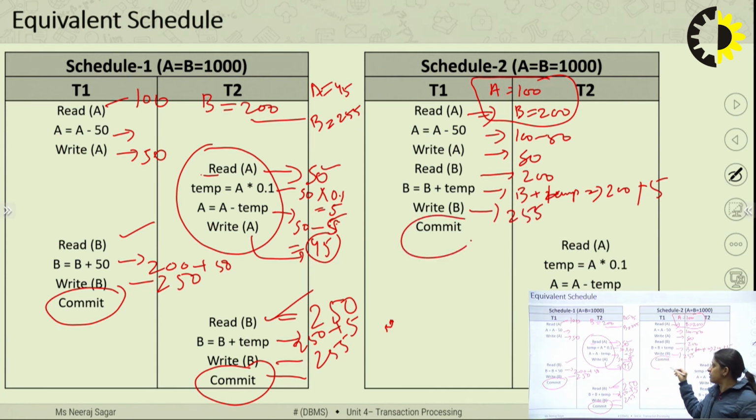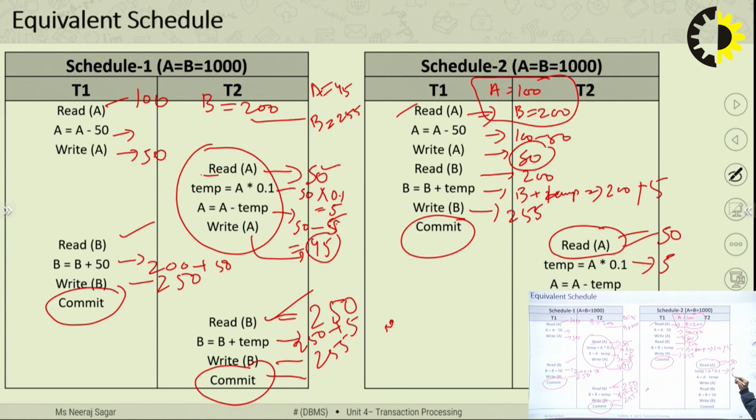Here in this schedule, first of all we start from T1 and it also commits first. After committing the T1 transaction, we start T2, and T2 reads A, and the value of A is 50 rather than 100. Again we perform the temp operation, that is 50 multiplied by 0.1, or whatever we get, that is 5.